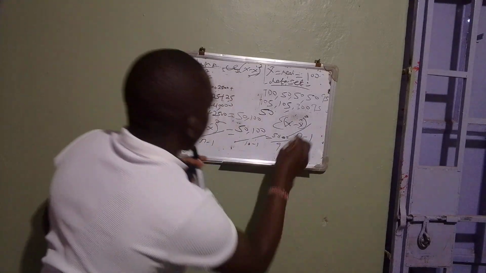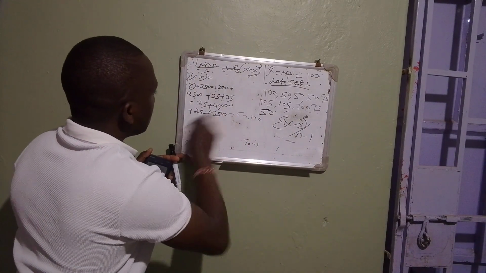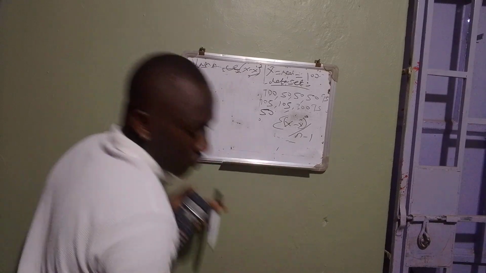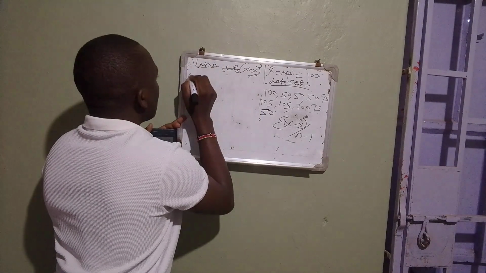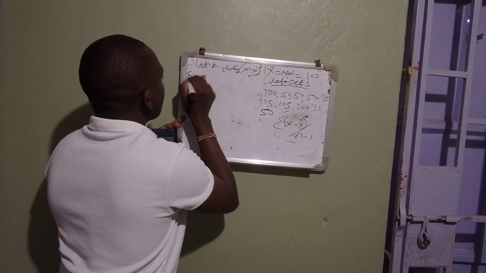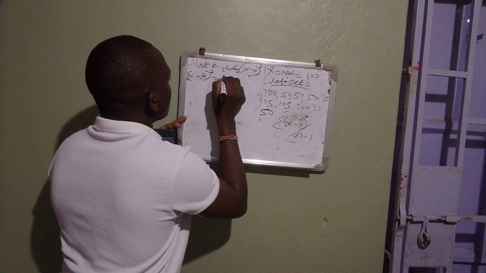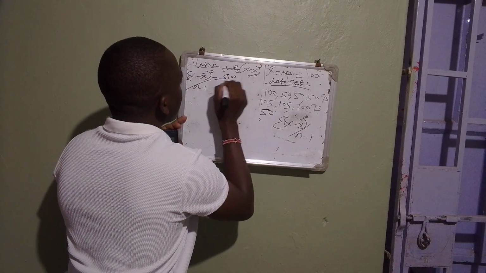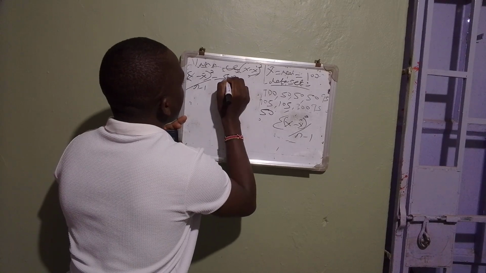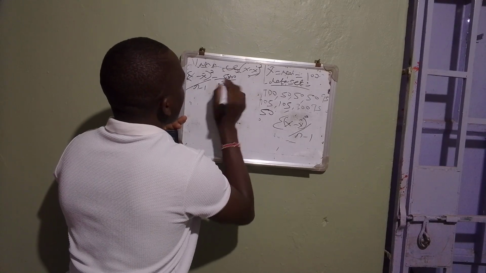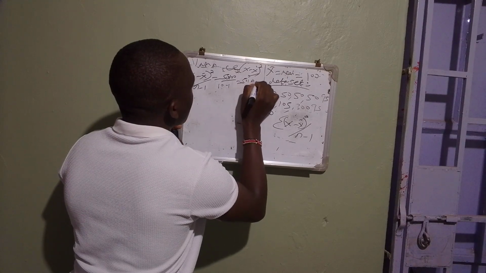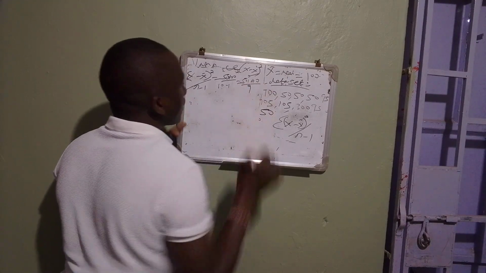So our variance, the summation of x minus x bar squared divided by n minus 1, is equal to 50,100 divided by 10 minus 1, which is equal to 50,100 divided by 9. This is what we got.